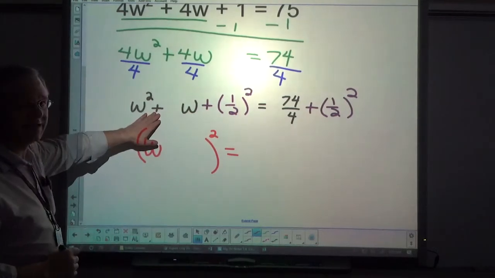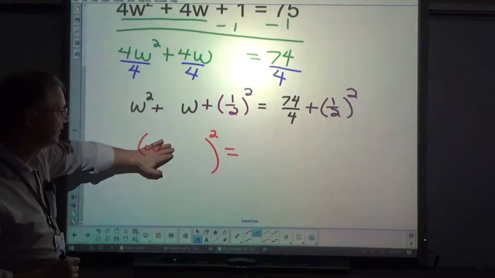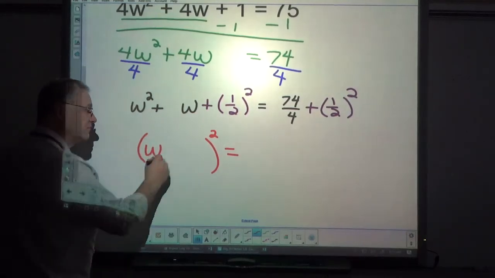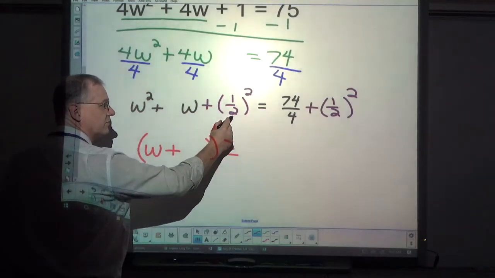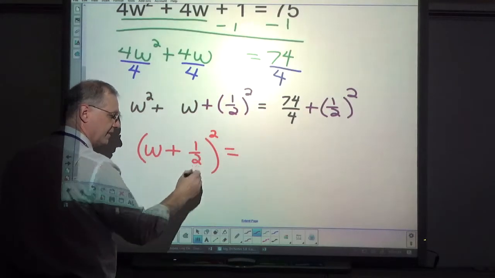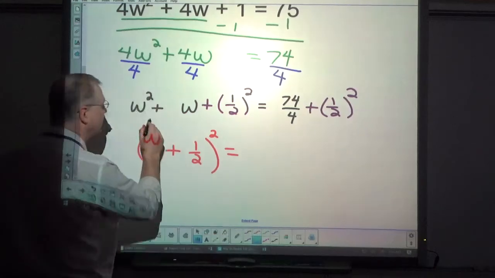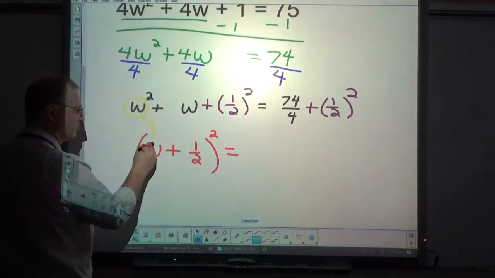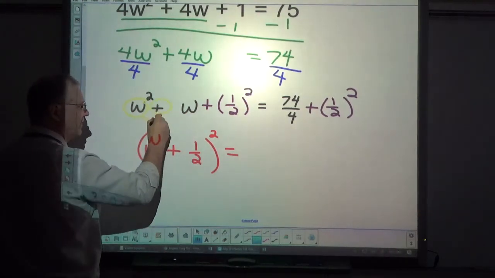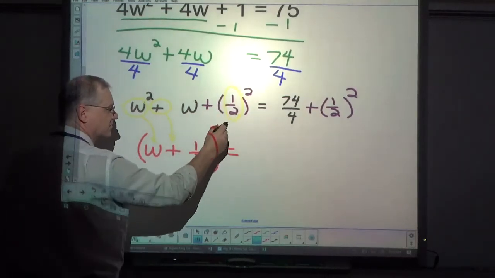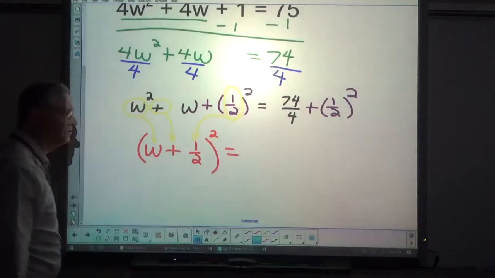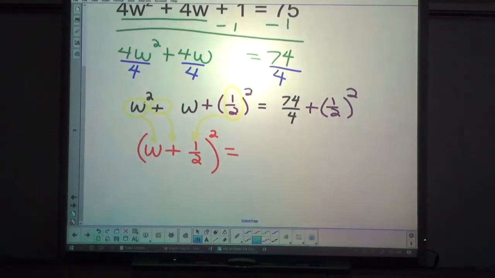The sign of the middle term is what is going to be used between these two, and the thing being squared here is going to go at the end. So the w goes here, the sign of the middle term goes here, and the thing being squared goes here. That's where those three things come from.